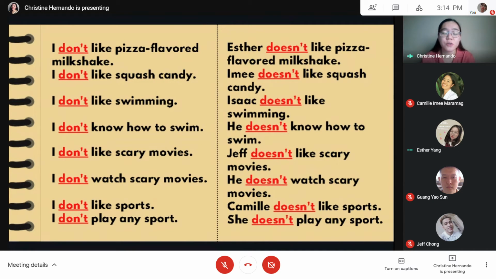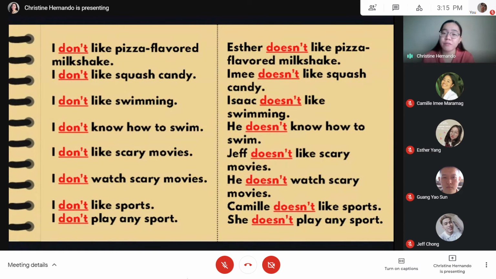That is correct. So, Esther said that doesn't is used when the subject is singular, and that is true in the right section of our slide because, as we can observe, Esther is a singular noun. Amy is a singular noun. Isaac is a singular noun as well, while he and she are singular pronouns.